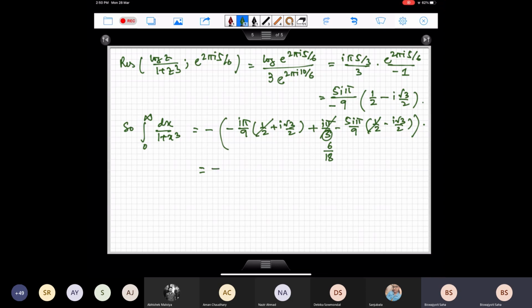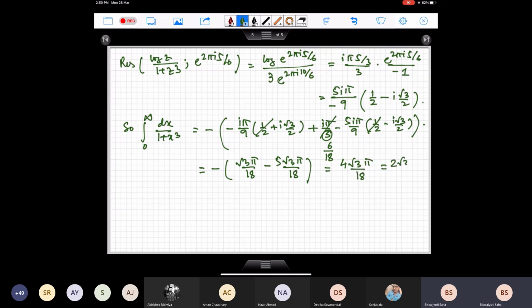I have minus I pi, so that's root 3 pi by 18, and over here I have minus 5 root 3 pi by 18. So that gives me minus 4 root 3 pi by 18. So with another minus, this should be 4 root 3 pi by 18. So I can cancel 1, 2.